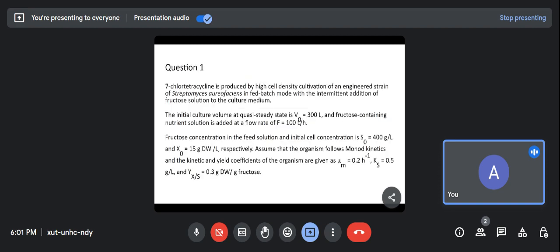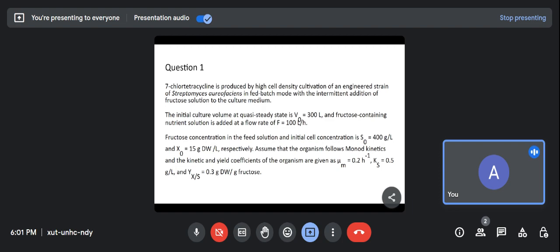So question number 1 is: chlortetracycline is produced by high cell density cultivation of an engineered strain of Streptomyces aureofaciens in fed batch mode. Right? Fed batch mode, as you know, is where media will be added to the culture at constant intervals, with intermittent addition of fructose solutions to the culture medium.